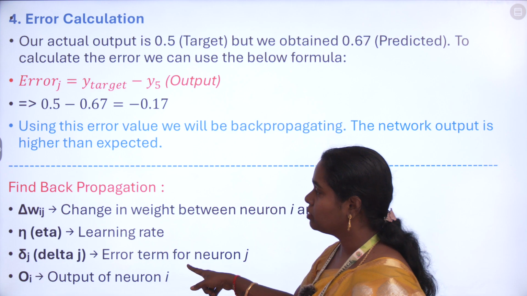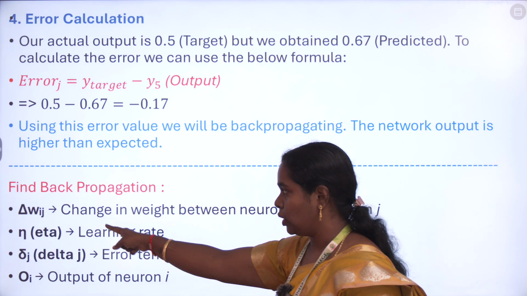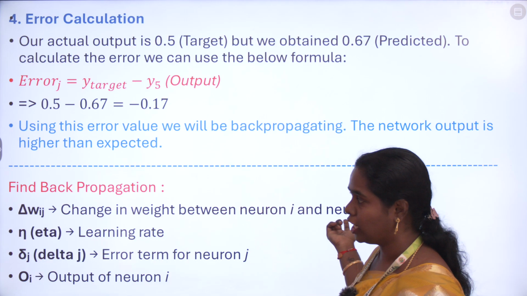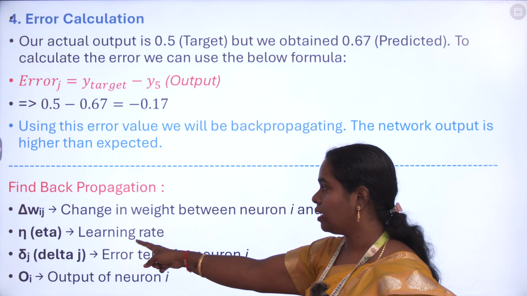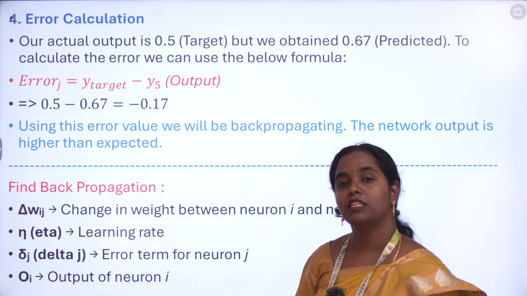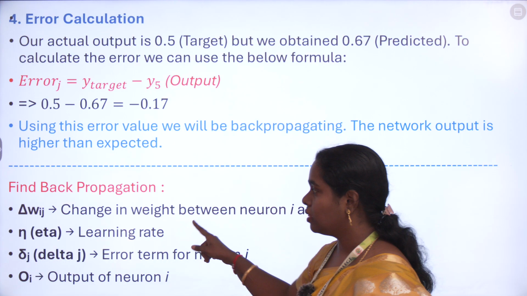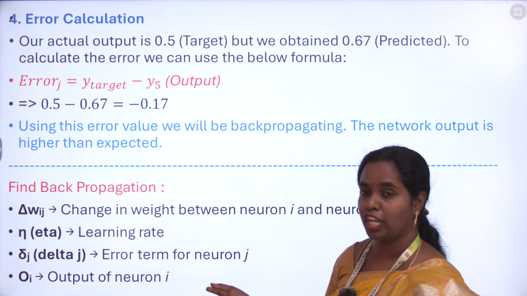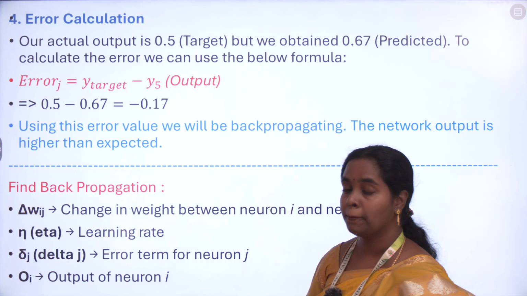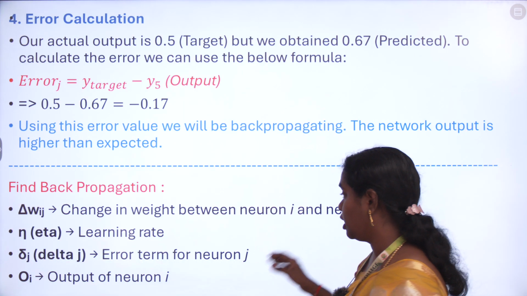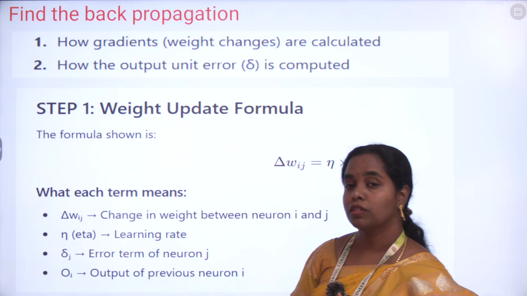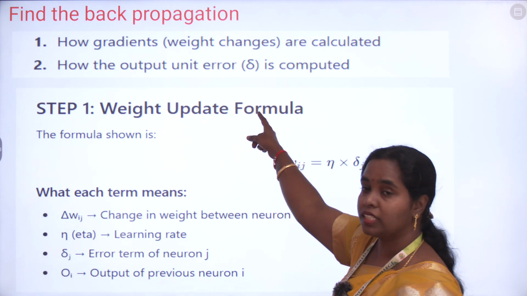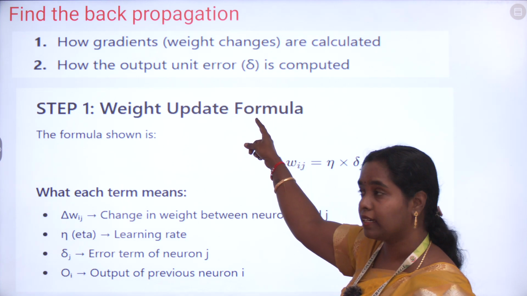In back propagation, the first term is delta Wij. This is the change in weight between the I and J values. Next, eta. Eta is the learning rate. The default learning rate value is 1. Then delta J is the error term of neuron J. And finally OI is the output of neuron I. Next, we have to find the gradient value and also find the unit error, that is delta.